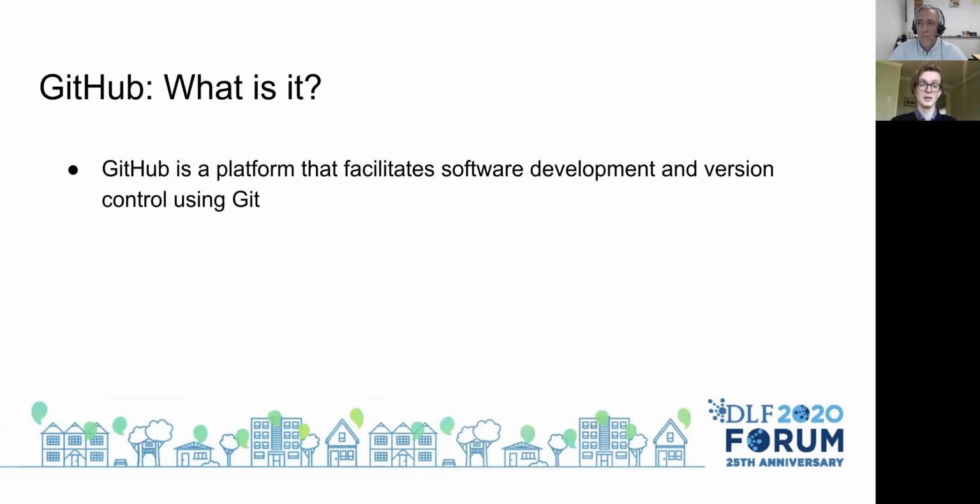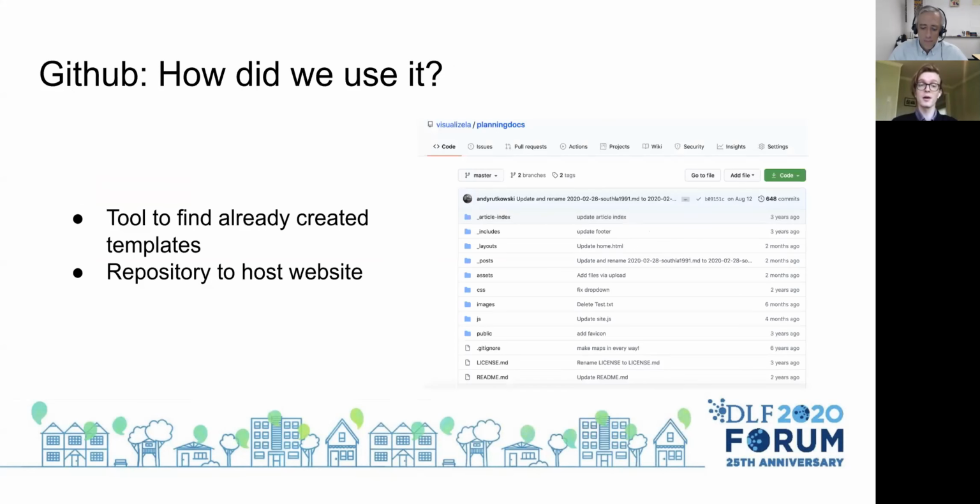And lastly, GitHub. It's a website that provides hosting for software development and version control using Git. It is a massive website that has a lot of repositories of web templates. And for our project specifically, we used GitHub as a tool to find a repository and utilize already created web templates to host our maps. We used a repository called Flaneur, which gave us the exact template that we were looking for to display not only our maps, but also our text and images that came from the planning documents themselves.